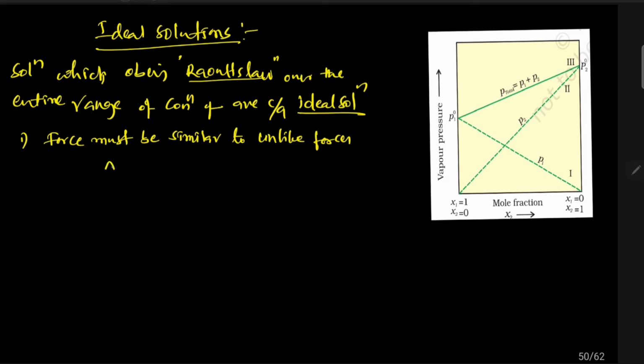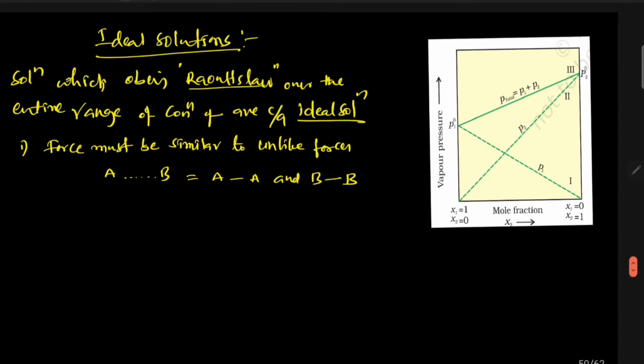Two components A and B are said to form an ideal solution if the AB molecular interaction is similar to the AA interaction and the BB interaction, so AB intermolecular forces equal AA and BB interaction forces.